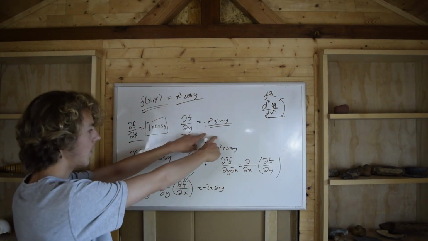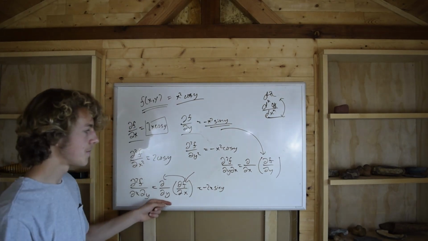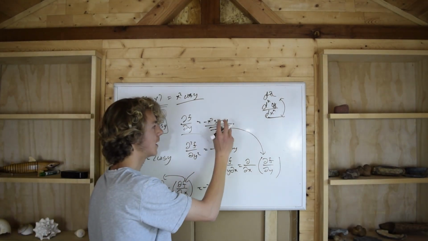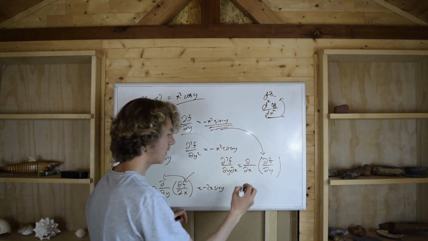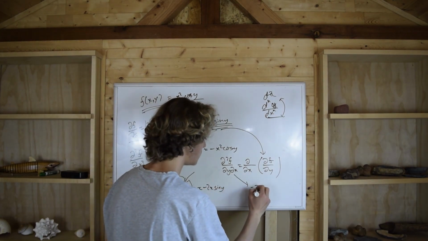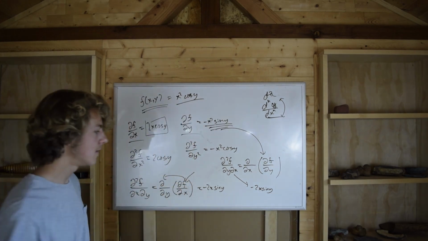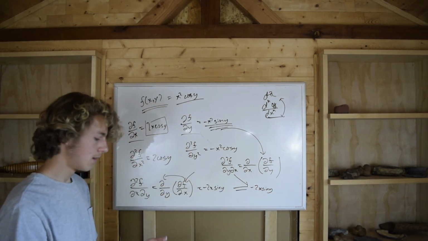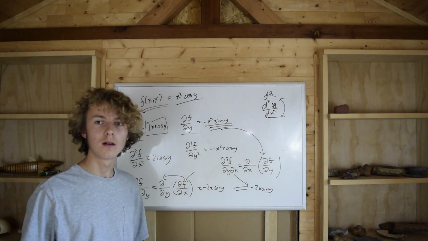We know what del f del y is. If we differentiate this with respect to x, we cover this up, this is a constant, and we get negative 2x sine y. And if you actually notice, these are exactly the same thing.